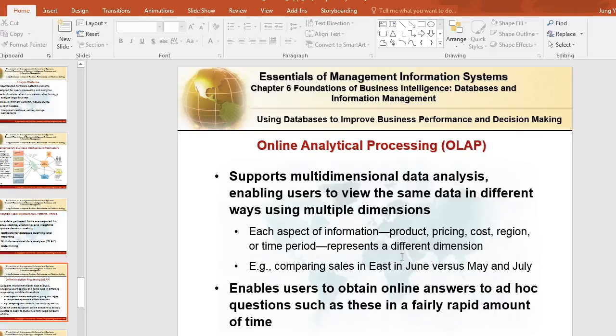We can analyze the data in terms of sales volume and who sold certain products as compared to the last year's quarter, first quarter, or second quarter, etc. And it enables users to obtain online answers, which means business intelligence for decision making in an ad hoc approach.